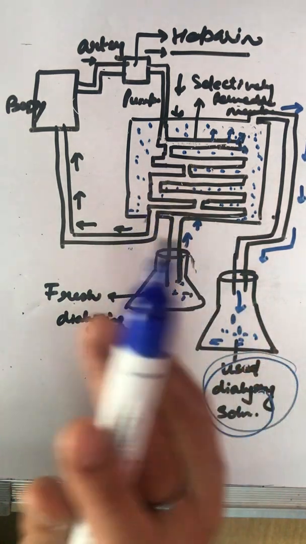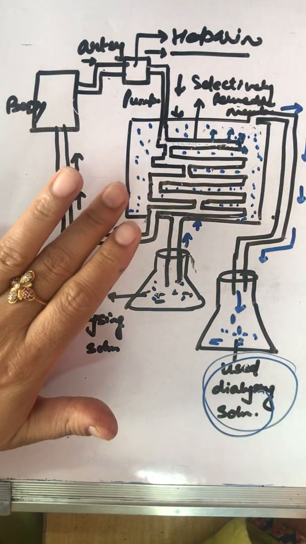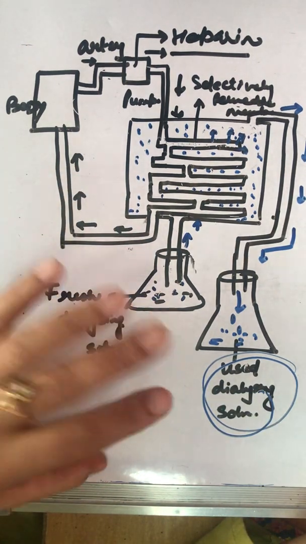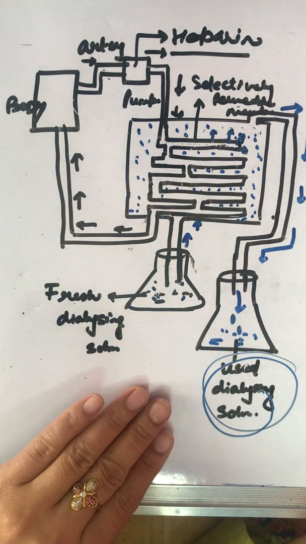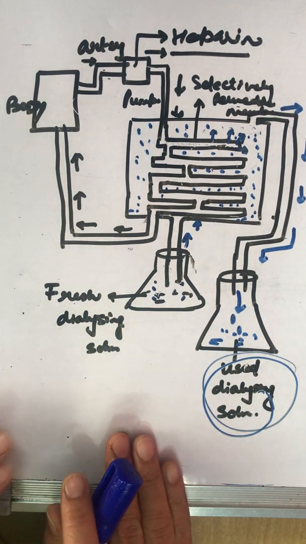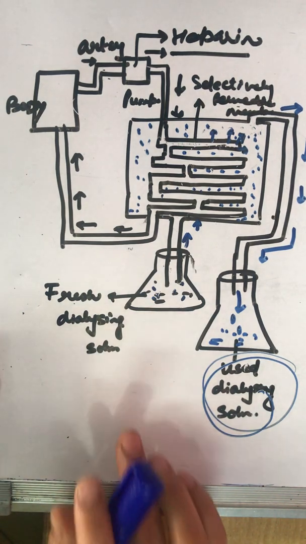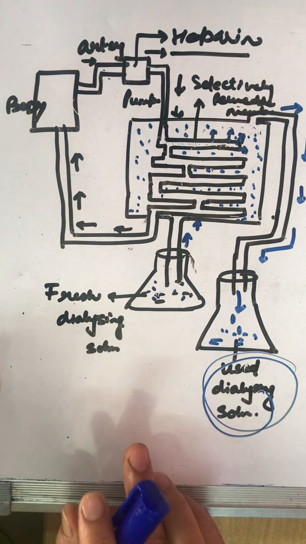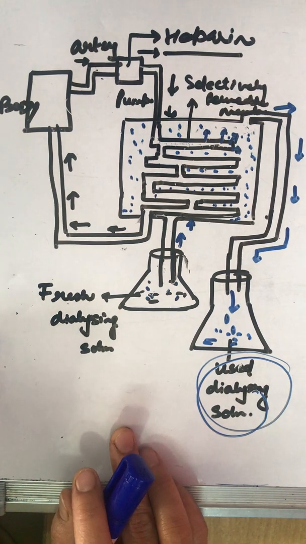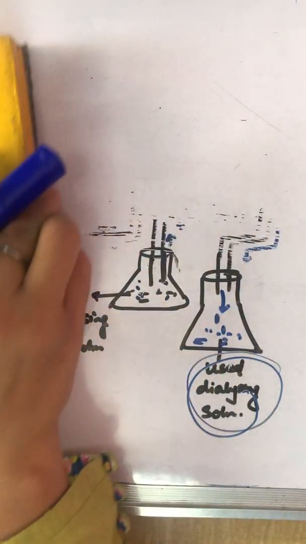That means the pH of blood and the dialyzing solution is maintained at 7.4, so that it behaves like a normal kidney. This is how technology has helped us by giving a solution of renal dialysis to combat the kidney failure problem. Clear? Moving next to our topic, excretion in plants.